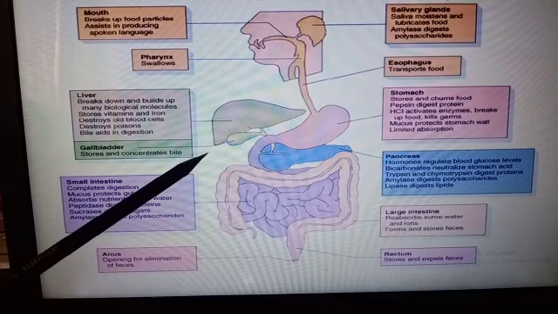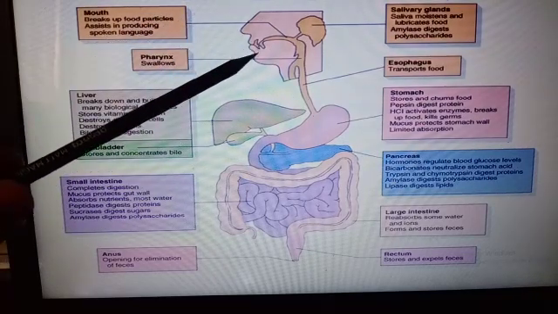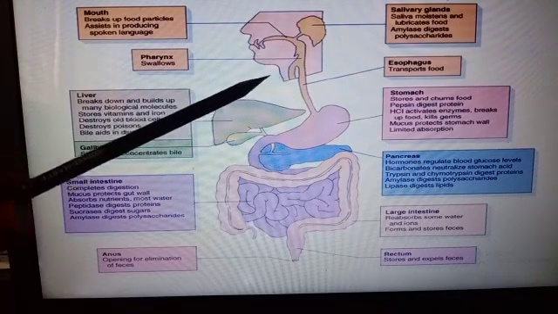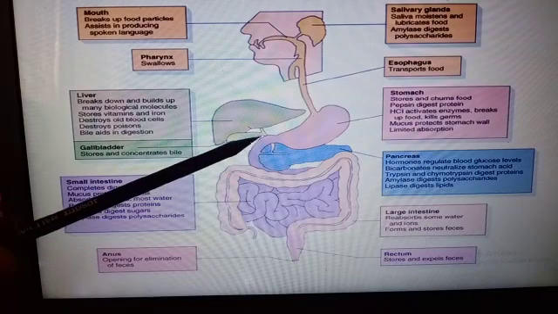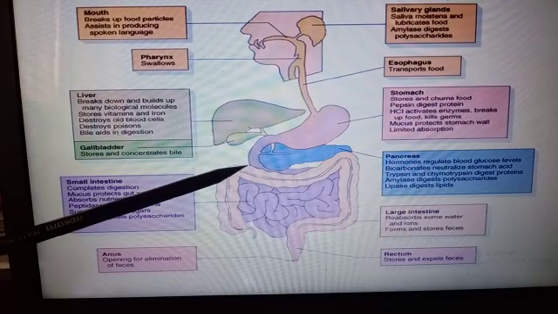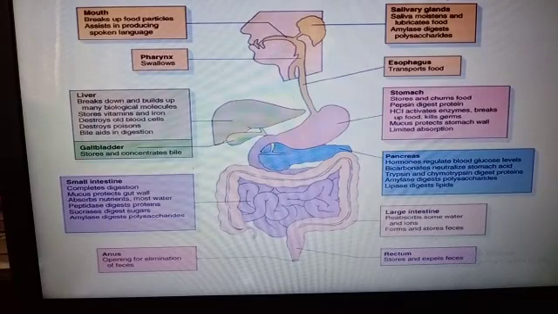And you can imagine the food which started from the mouth: salivary amylase worked on carbohydrate, HCl started activating the pepsin, and finally the digested food is coming through, and the pancreas secretes three enzymes.